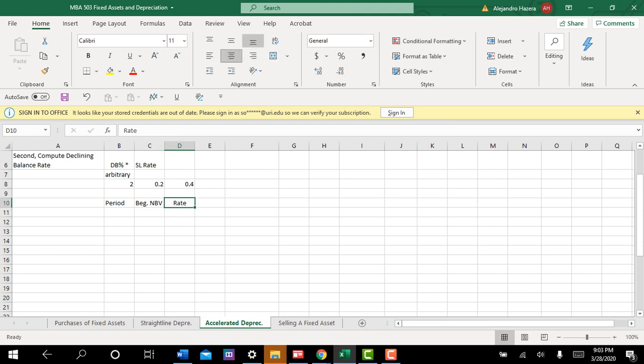They're going to be the same up and down. Okay, then we're going to compute our depreciation expense. And then we're going to put remaining net book value. Okay, and the remaining net book value is basically your ending net book value.